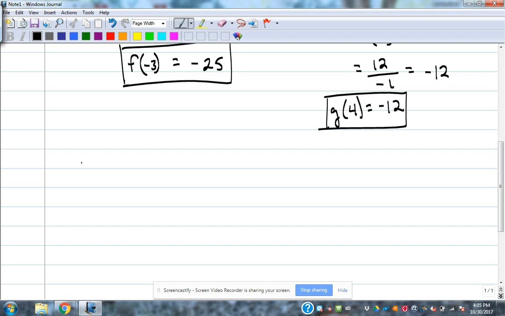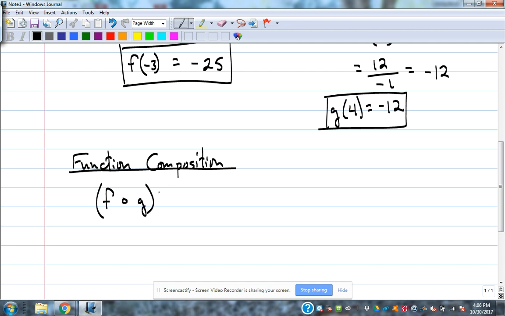All right, so let's define some function composition. Function composition is f composed with g. That is an open circle there. It's not the word fog. It's f composed with g. Means take the g of x function and use it as the domain of the f of x function.